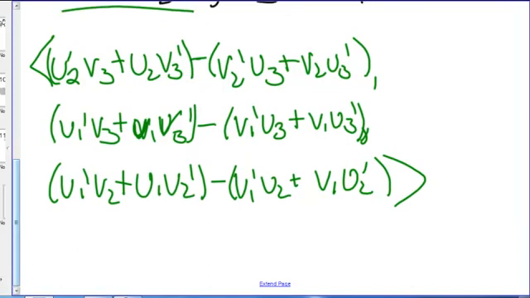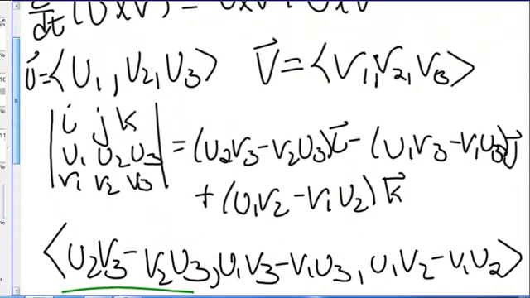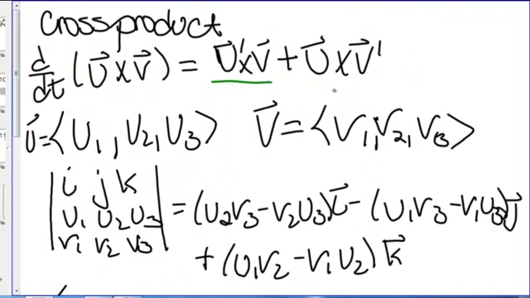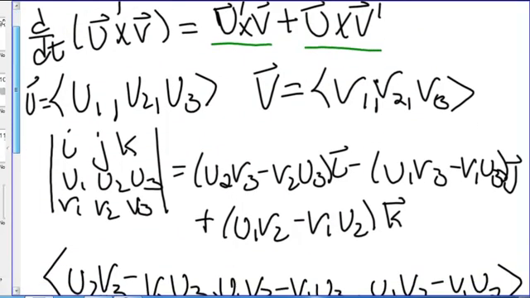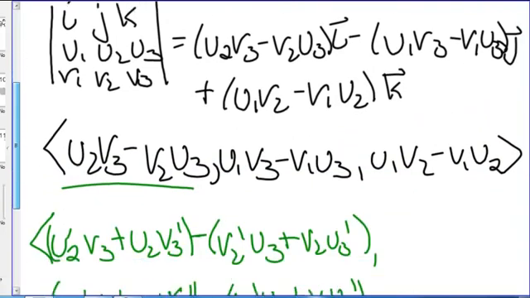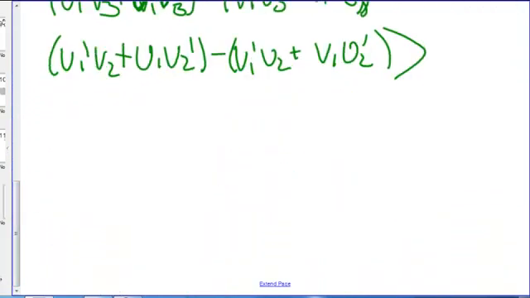So now the question is, does this equal u prime cross v plus u cross v prime? Well, what do we get when we solve that out?